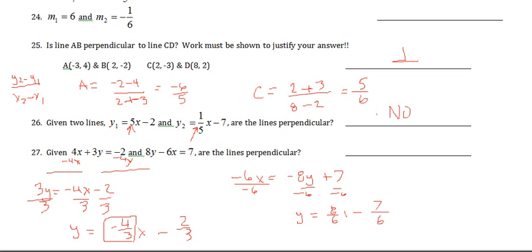I need to simplify this fraction, and 2 goes into the top and bottom, which gives me 4 over 3. Okay, one is a negative, one's a positive, that's good, that's opposite, but they are not the reciprocal, so it needs to be opposite reciprocal. It's not, so I say no, they are not perpendicular.